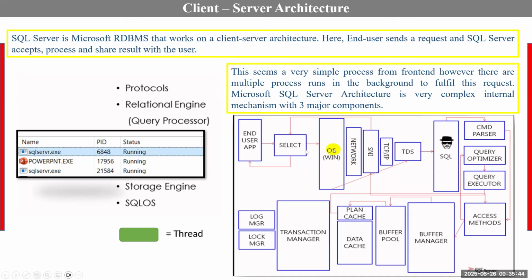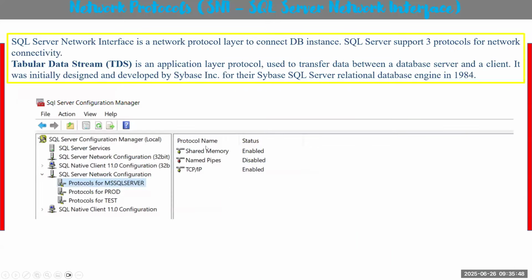Now, once it connects to the operating system, you have network protocols. In SQL Server, you have 3 network protocols: one is shared memory, one is named pipes, and one is TCP/IP.